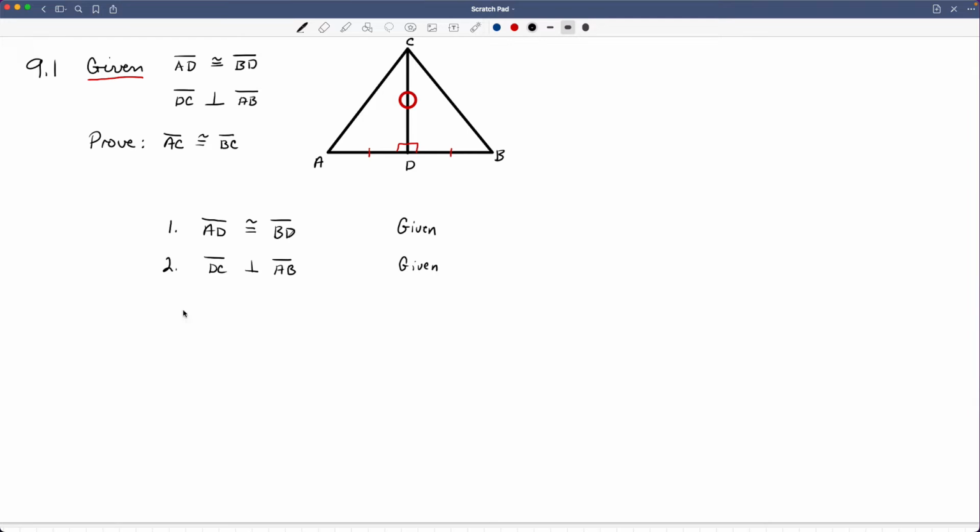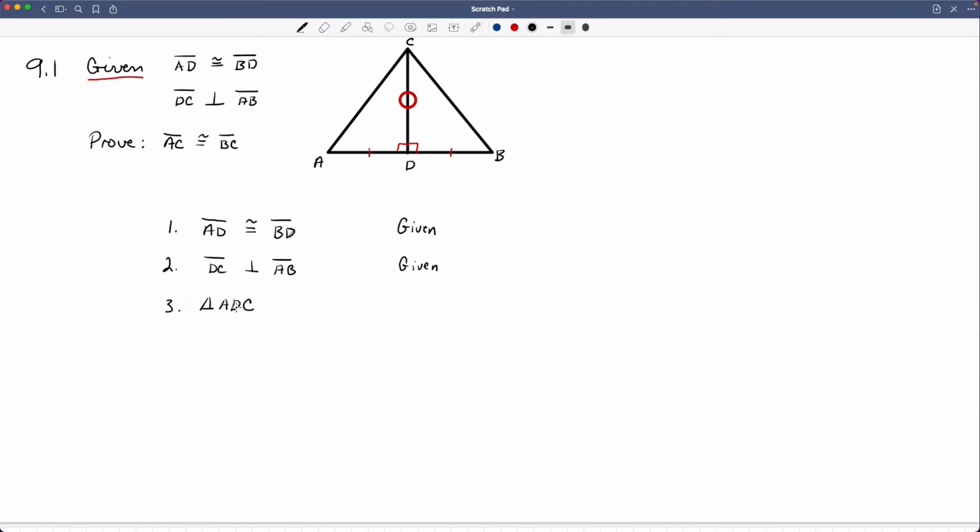So then the next thing that we know is that we have congruent triangles because we have side angle side and side angle side. That's pretty easy for this one. So we know that triangle ADC, and remember we have to write that in the proper order.